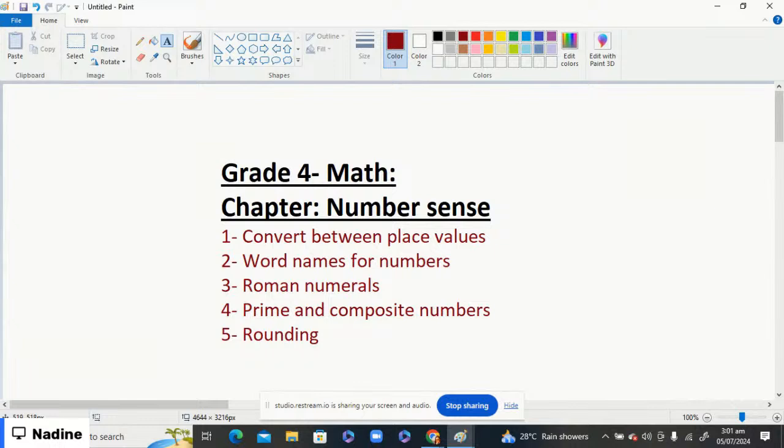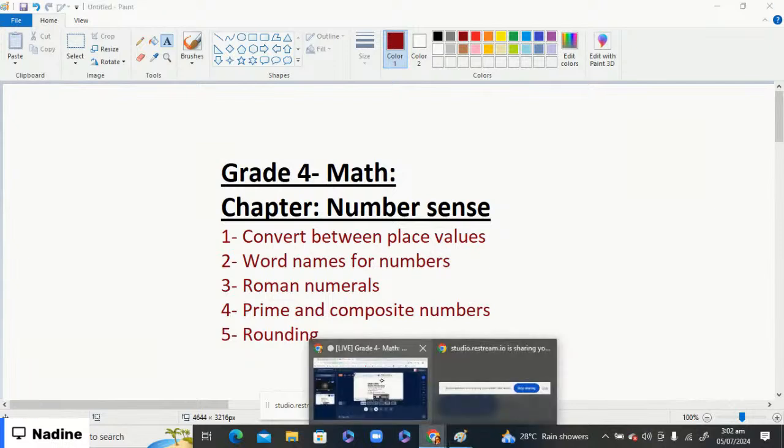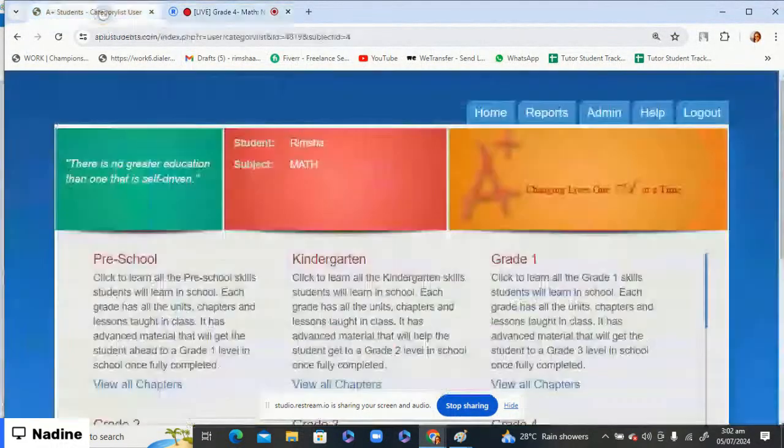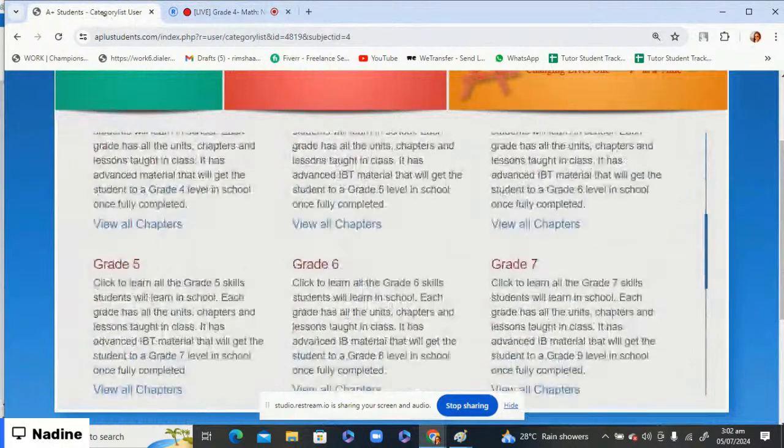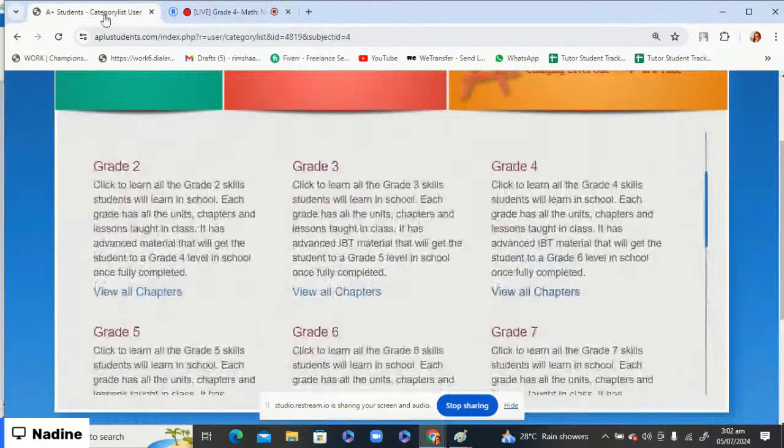You can find all the lessons on aplusstudent.com. You have to log in using the email and password provided by the administrator. Select maths from the subject app, scroll down, and go to grade 4 maths.